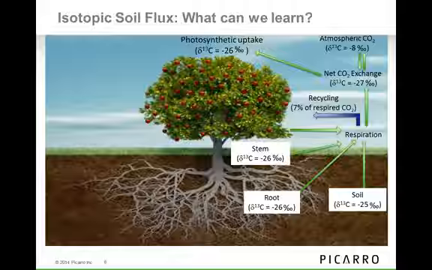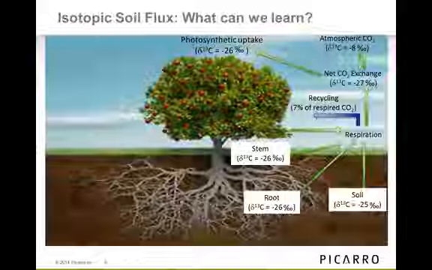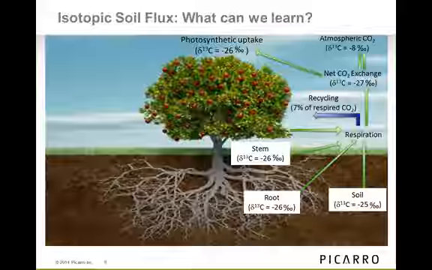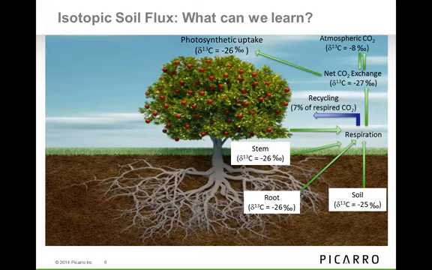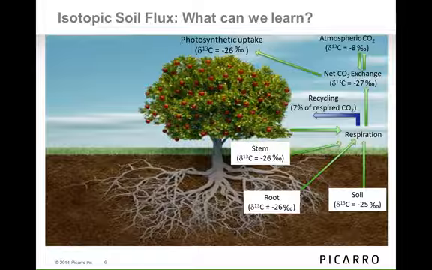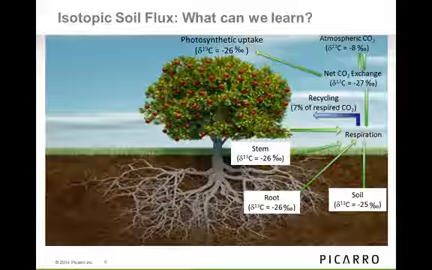You have the atmospheric CO2 that exhibits a delta 13C of -8 per mil. And then you have the photosynthetic uptake from -26 per mil down the stem, then the root, then you have the soil respiration that goes up. Part of this gets recycled through respiration, and then we have the net CO2 exchange going up to delta 13C -27 per mil. Again, these are all approximate values.